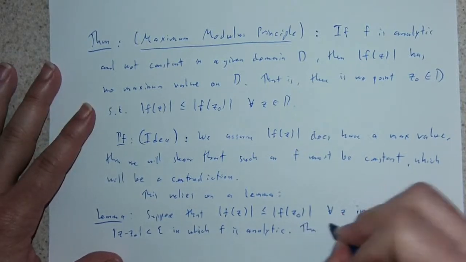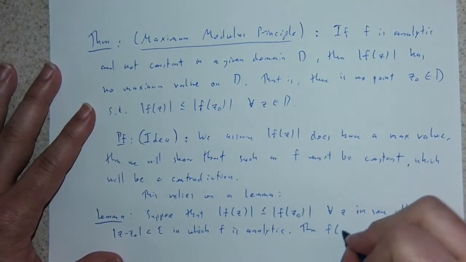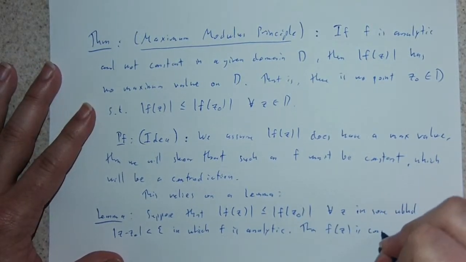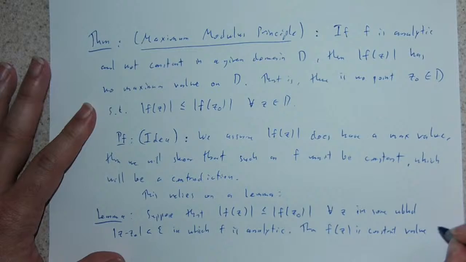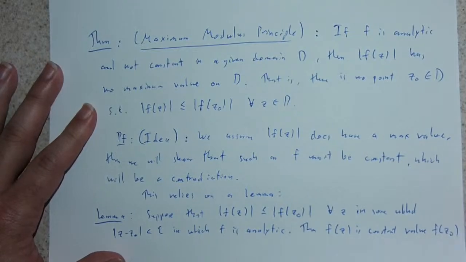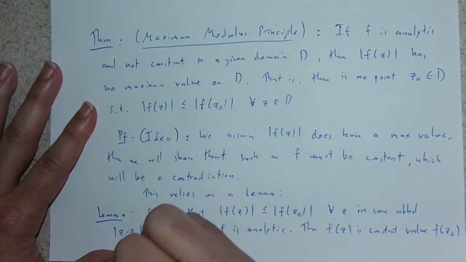Then f of z is constant. Actually, it's constant value f of z naught throughout that neighborhood.